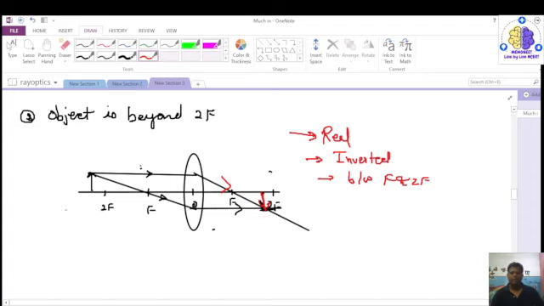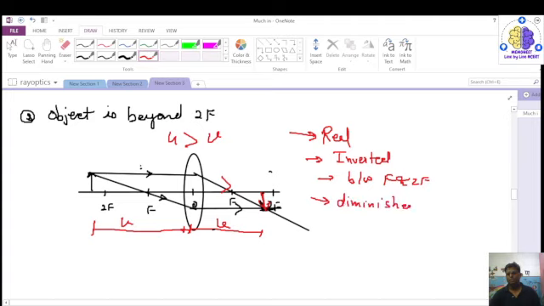Now if we talk about the object distance and image distance, this is the object distance u, and this is the image distance v, and we can easily see that here u is greater than v. It means the image is of smaller size, so we can write that the image formed is diminished, right?